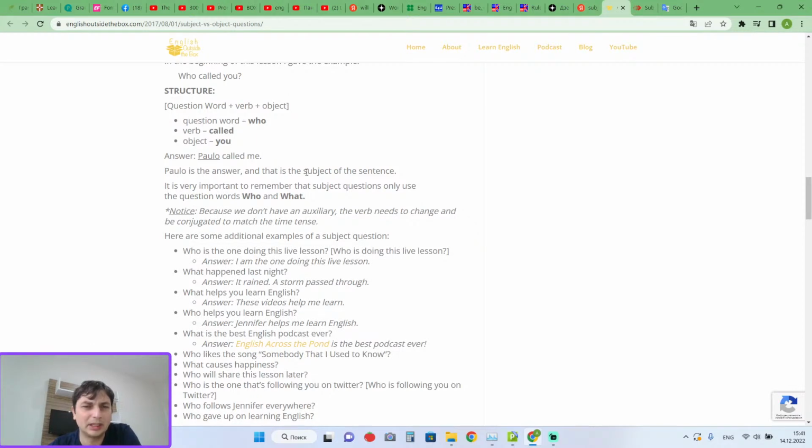And that is the subject of the sentence. It is very important to remember that subject questions only use the question words who and what.